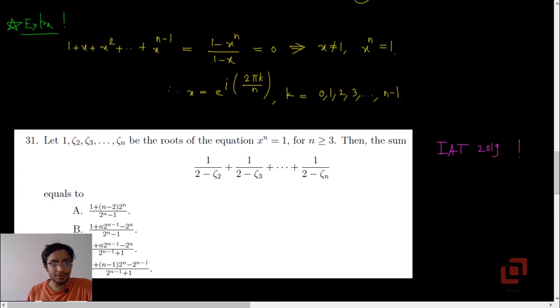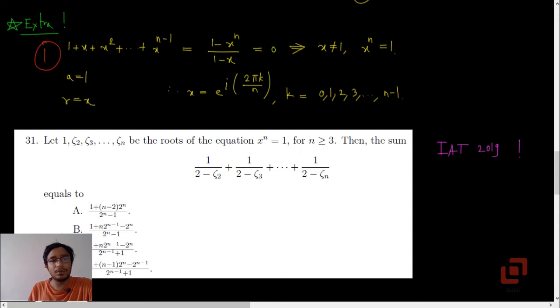Yes, first you observe that 1 plus x plus x squared and so on till x to the power n minus 1 represents a geometric progression with first term 1 and the common ratio equal to x. So the nth term will clearly be x raised to n minus 1.